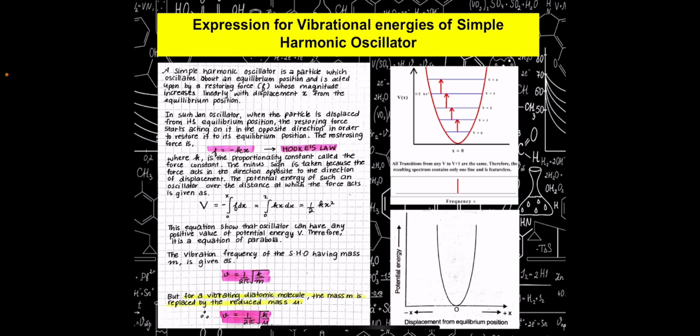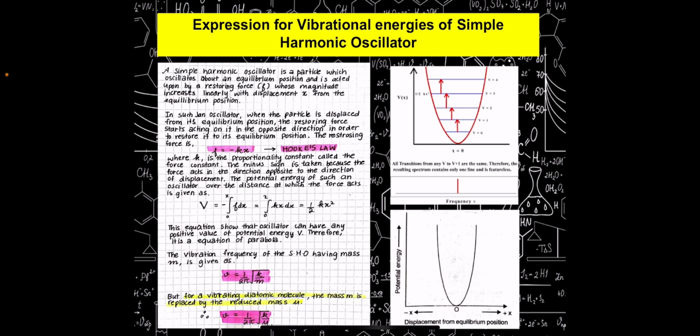The potential energy of such an oscillator over the distance at which the force acts is given as V, which is potential energy, is equal to minus integral F dx. So we will get half kx square. This equation shows that the oscillator can have any positive value of potential energy.